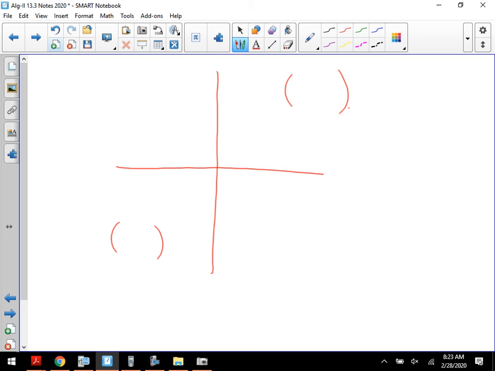Gee, I wonder where that comes from. So I'm just going to do plus plus because x and y are both positive. X is negative here, y is positive. Negative, negative. And positive, negative. Those are for x's and y's. Now, what was the date on that again? August 28th. Back in August, we said something about tangent.